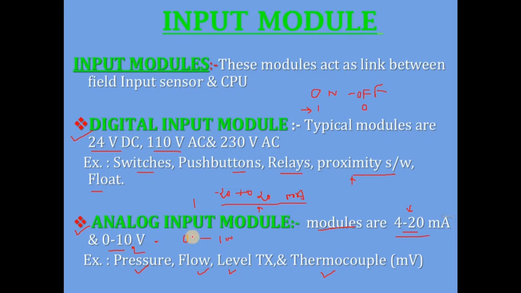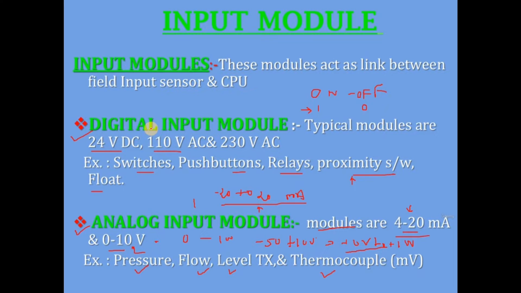But if you want to know negative readings, like minus 50 to 100 degrees centigrade, then your analog voltage range selection should be minus 10 volt to plus 10 volt. Always remember, as per our requirement we have to change the range of analog current as well as analog voltage.